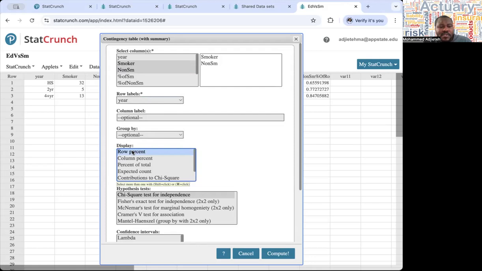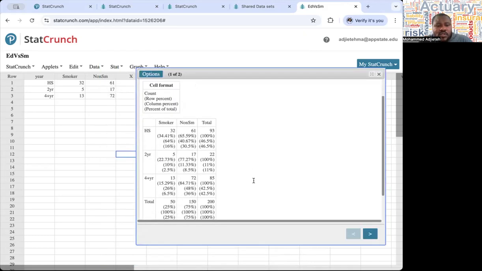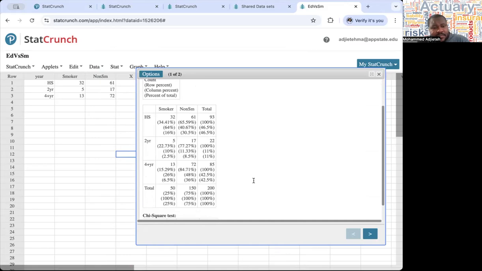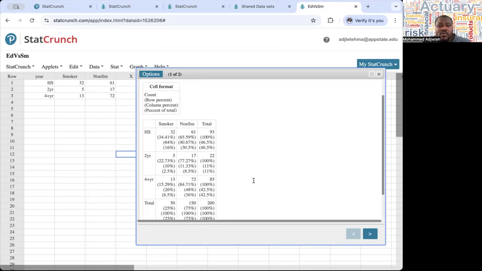You want to display row percent, column percent, and percent of total. And then we hit Compute. So that does that for us nicely. So this is the contingency table. It has computed the row percent and also the column percent for us.